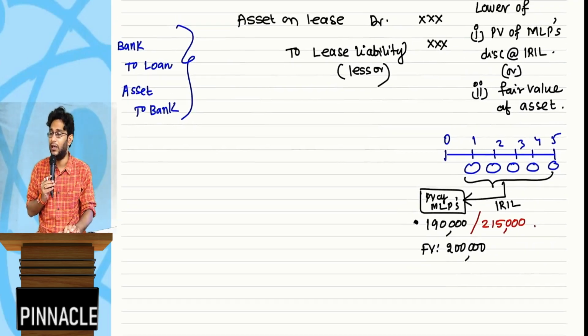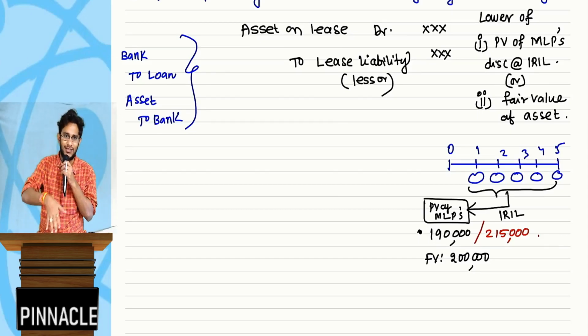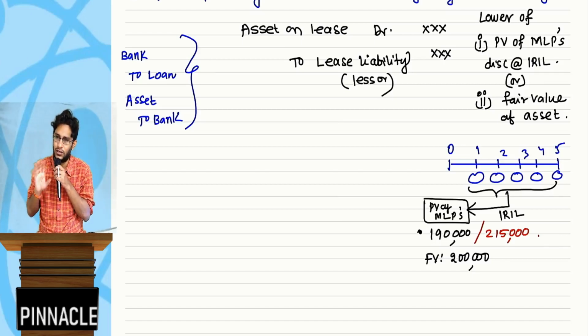But the asset, which you can outright buy at 2 lakhs, here indirectly I am buying at 2,15,000. Now you ask yourself whether you buy the asset or you lease the asset. The asset's benefits will not change, no? Sir, there is an asset. Asset life 5 years. 5 years you will only use. Whether you are a lessee or an owner, the asset will not behave differently. The asset's capability will be the same, no?